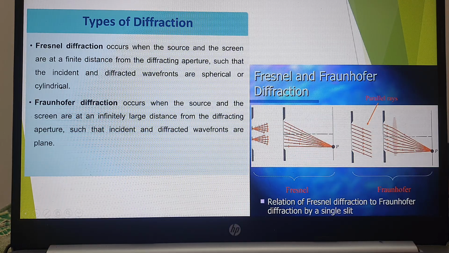So this is the relation between Fresnel diffraction and Fraunhofer diffraction by a single slit.